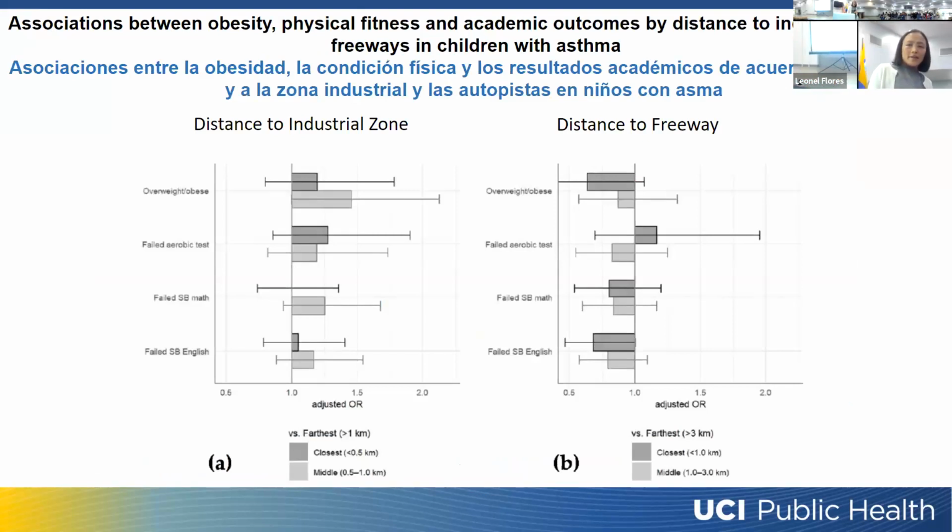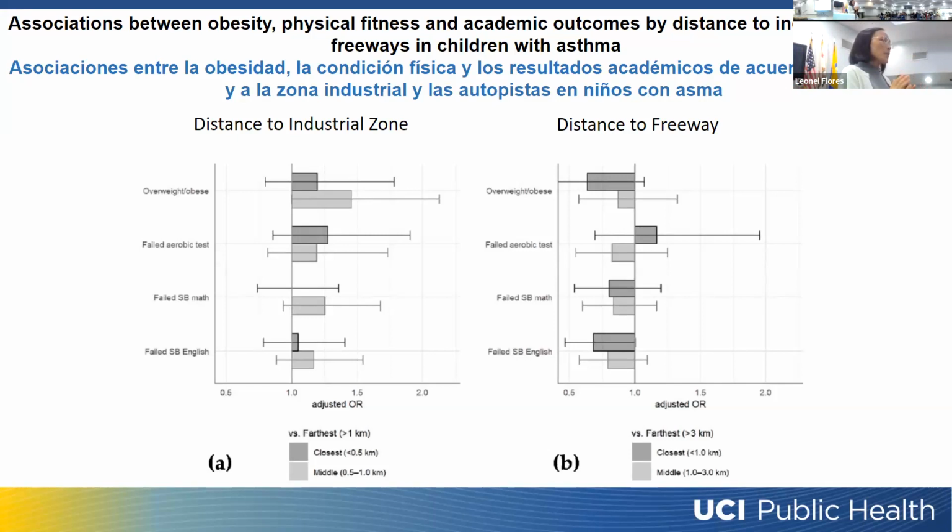Okay, so then next we looked at the impact of being in very close proximity to the industrial zone and the freeways on children with asthma. So here we are mainly focused on children with asthma.